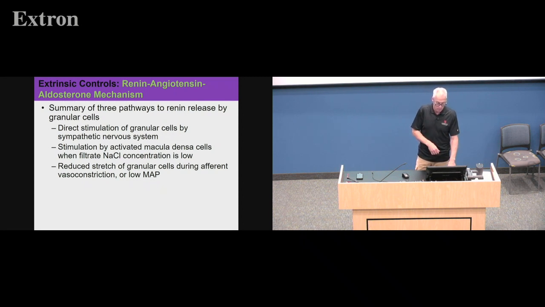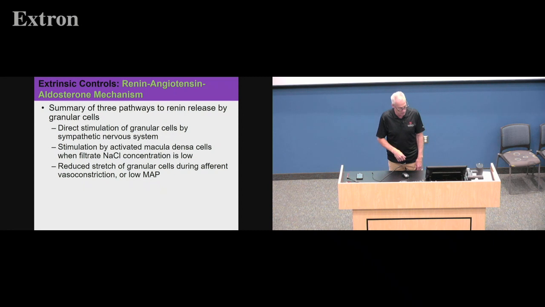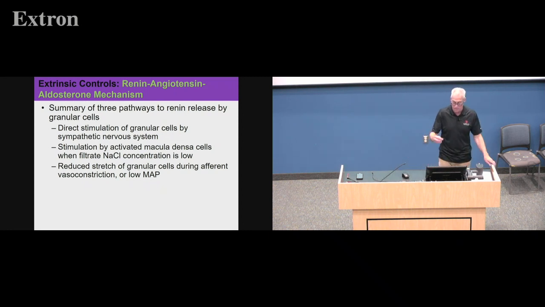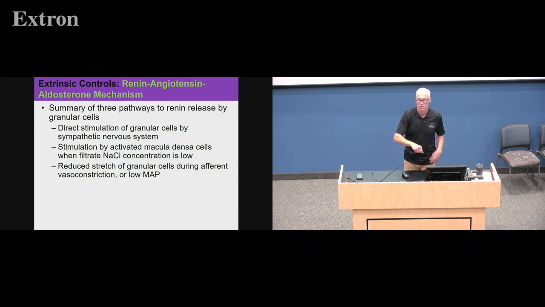And finally, reduced stretch of granular cells. They are the pressure sensor, the blood pressure sensor of the kidneys. Reduced stretch of those granular cells will cause renin release. That's the original thing we talked about with respect to the renin-angiotensin mechanism. If blood pressure goes down, kidneys sense low blood pressure. Granular cells, we now know, release renin, form angiotensin II, and raise the blood pressure back up.